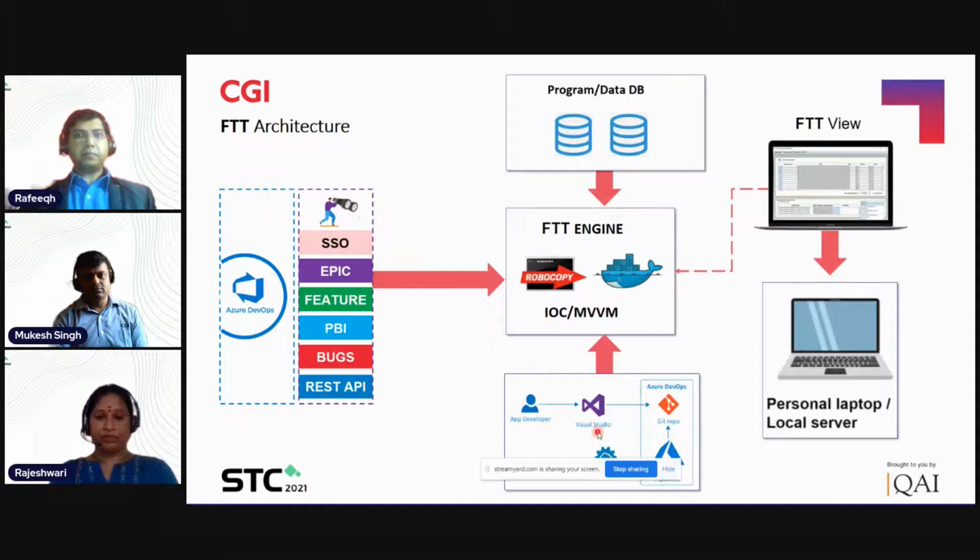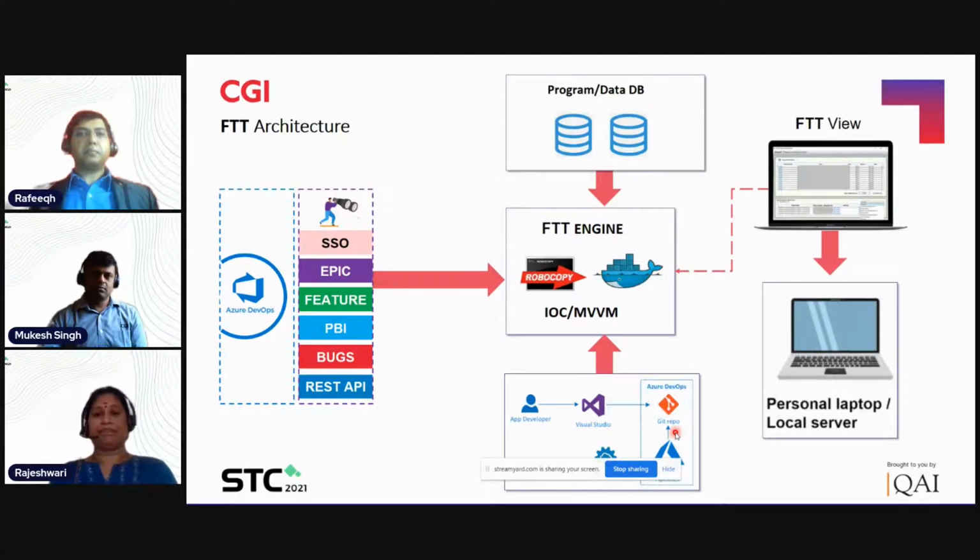So this is the architecture of our FTT, feature testing tool. And here you can say this feature testing tool can also be integrated into the developer tools. So we have now included Visual Studio into our application. As we are using it, this will help to connect to the latest repository which we have in our development.